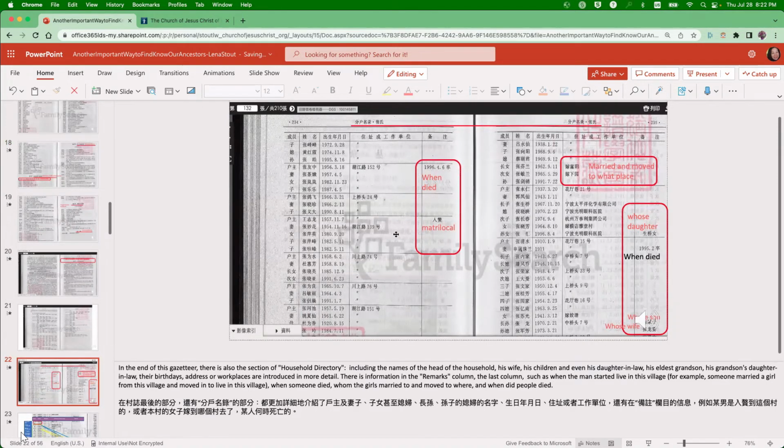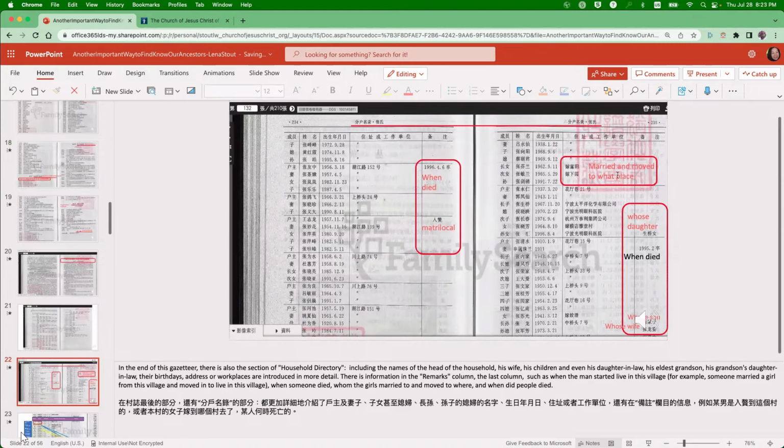For this person, they wrote 入赘. 入赘 means it's not the usual case where I marry my husband and move to my husband's village. It's backward: my husband joins my village. That's called 入赘.